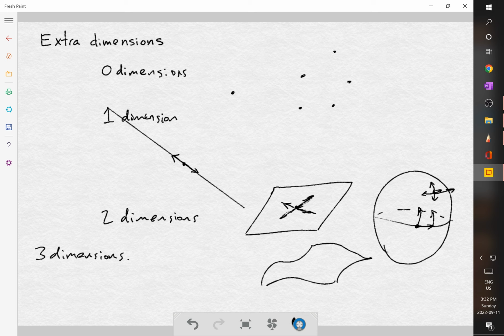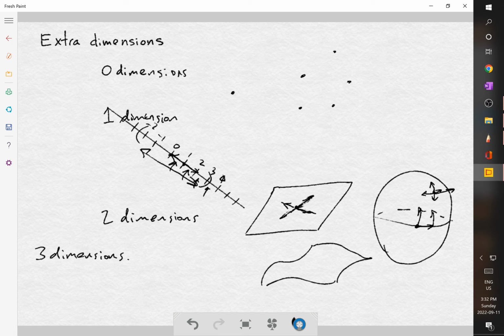So on my one-dimensional space here, I could imagine marking off a one-dimensional grid and labeling all these points by integers 0, 1, 2, 3, 4, minus 1, minus 2, and using the real numbers we would be able to then describe all of the points in between those integer grid points. And so in the vicinity of this point here, 0, I could use just one real number to describe all of the different points in this space.